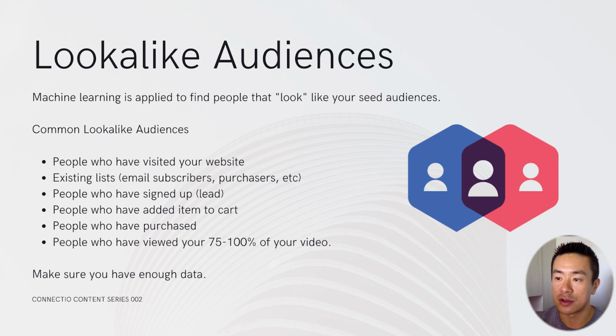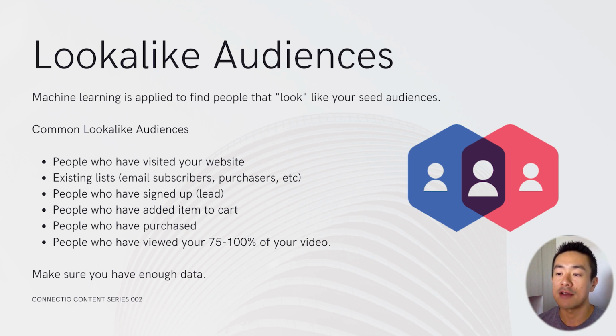So if you're an e-commerce store owner, you want to create lookalike audiences based around your purchasers. You want to make sure you have enough data to do so. If you only have potentially only 30 people who have purchased on your website and only 30 fires on your pixel with that certain purchase event, that's just not enough data for Facebook to create you a really good, powerful lookalike audience.